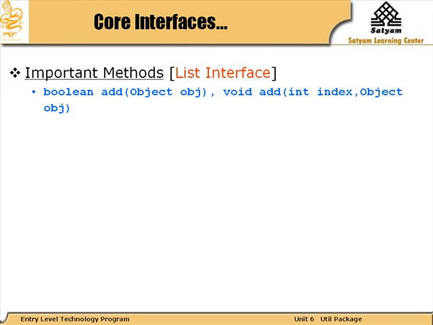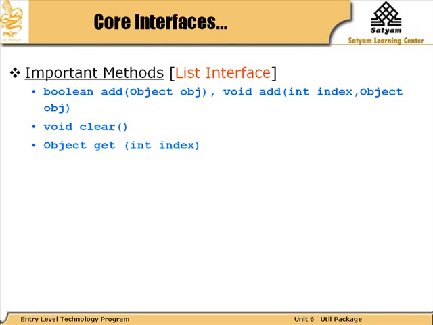Here are a few important methods of the list interface. Boolean add adds an object to the end of the list. Void add int index and object adds an object at the index position specified. Void clear empties the list.